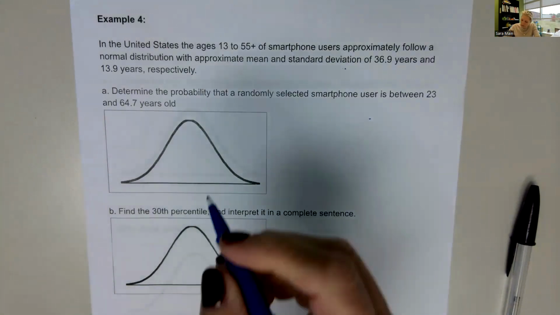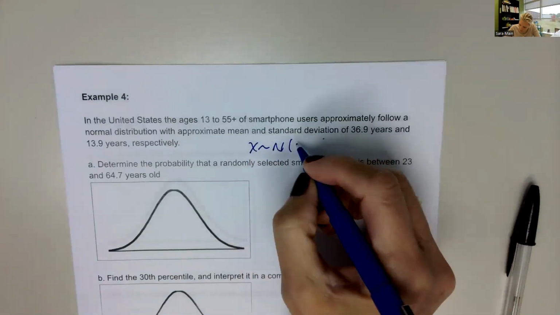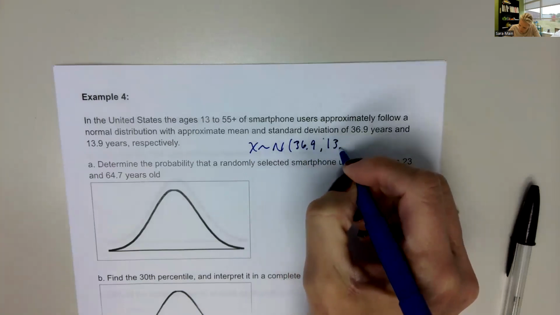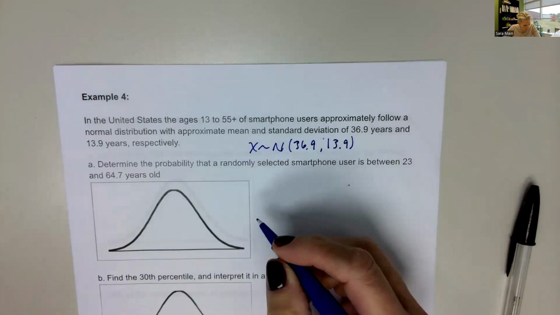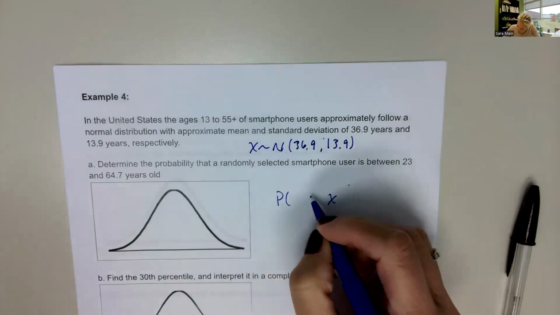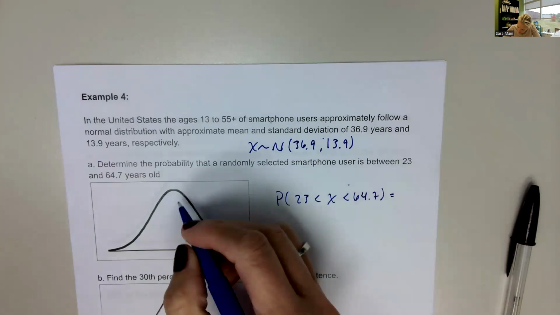So X is normally distributed with 36.9 and 13.9. And we want to know the probability that the user is between 23 and 64.7.